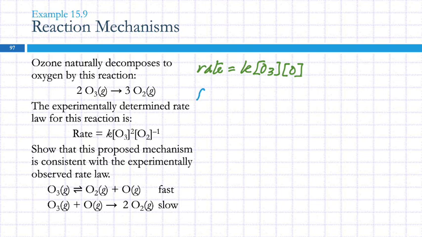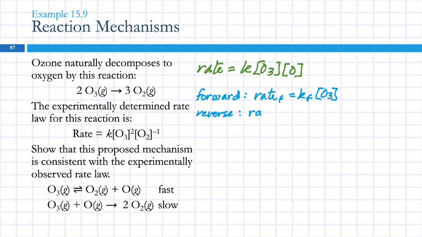The forward rate is equal to the forward rate constant times, since we're going from O3 to these products, just the O3 concentration. Everybody okay with that?